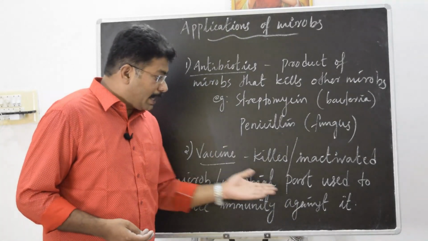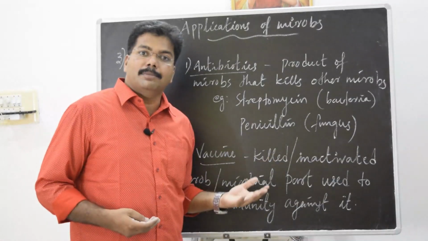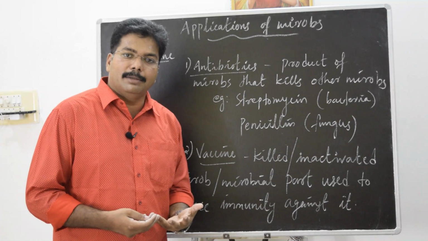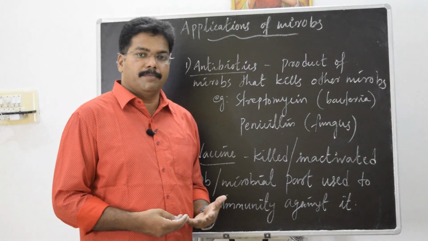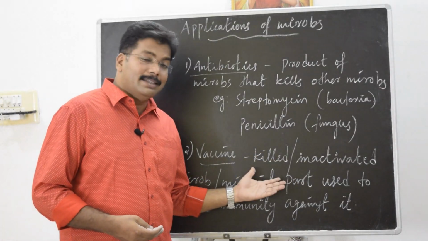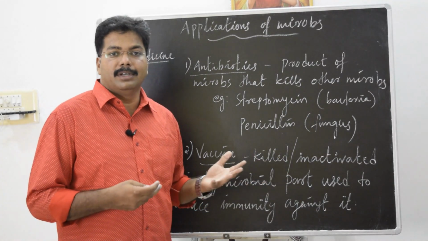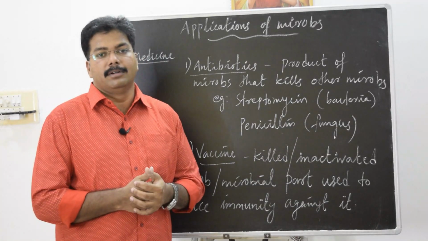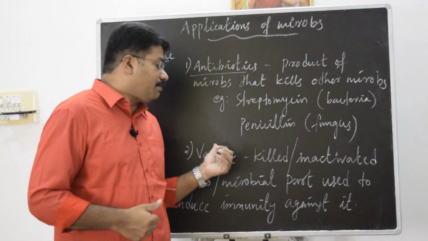So that when this actual living organism comes, we will have better antibodies already produced, so that we can kill this infectious disease causing microbe the moment it gets inside our body. That is the use of microbes.